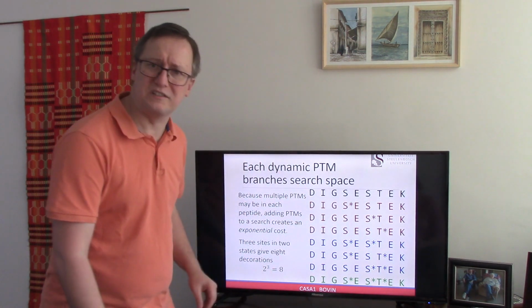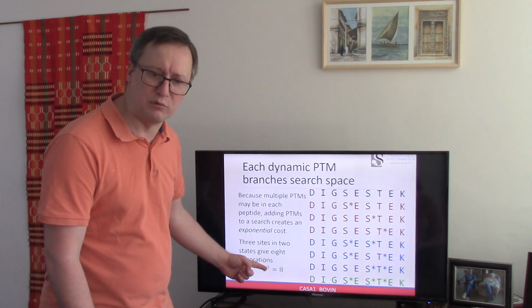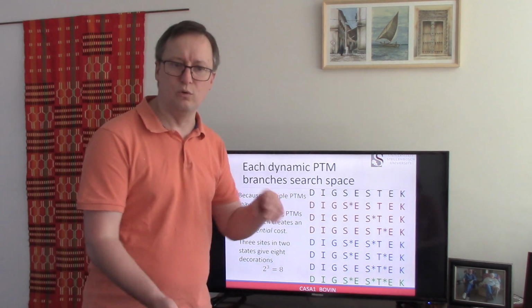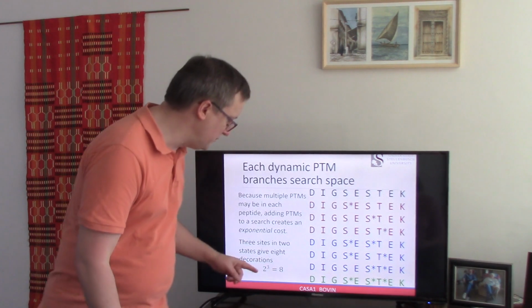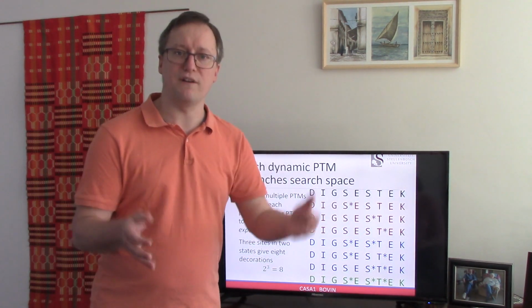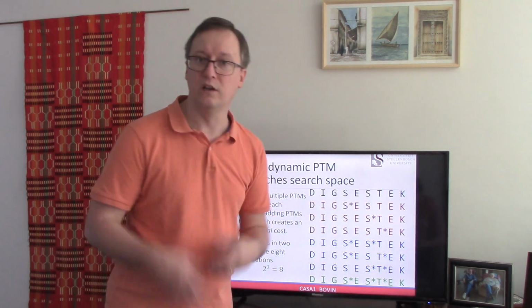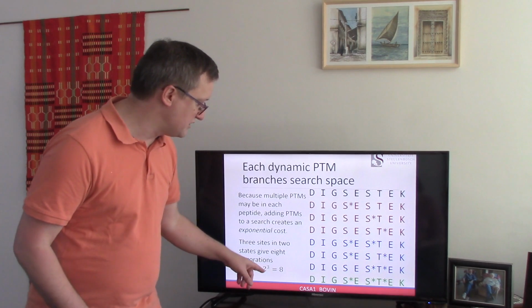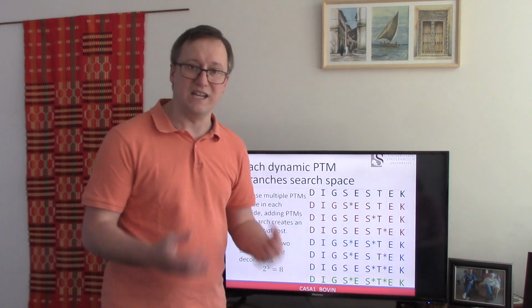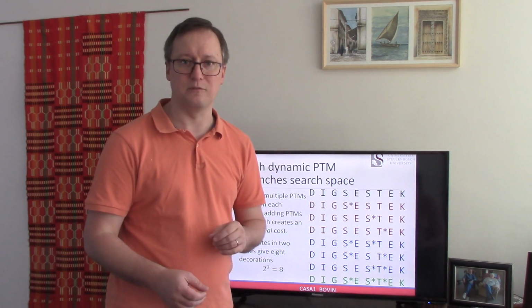The way that we work this is to consider how many possibilities there are for each modifiable residue, in this case 2, phospho or not phospho, how many positions within the peptide are modifiable in this way, in this case 3, because there's 1, 2, 3 amino acids that are modifiable here. So 2 raised to the 3rd power is 8, which is to say this one peptide becomes 8 peptides in that search.